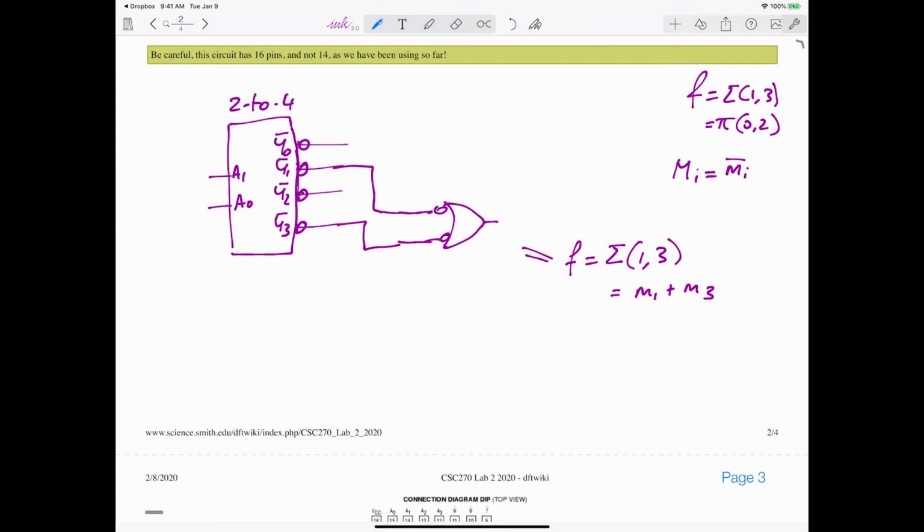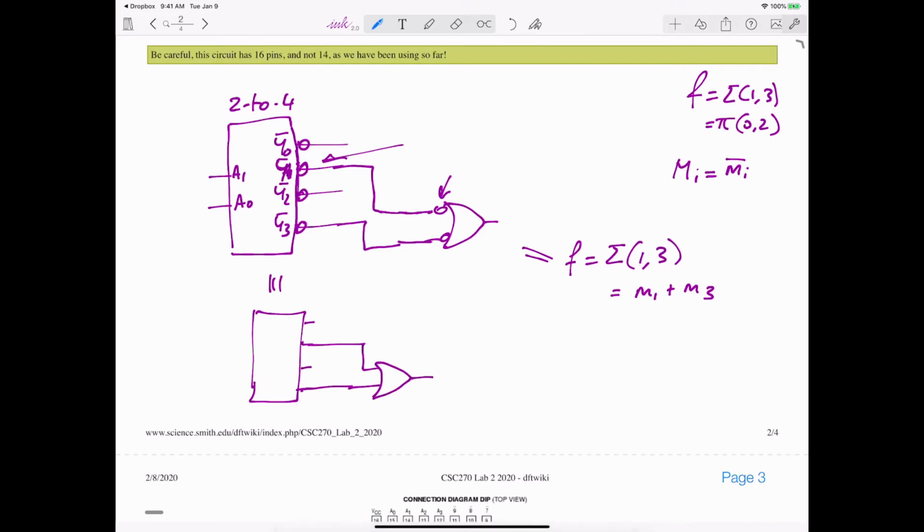You see that minterm 1 coming out here inverted is inverted again here, so these two inversions will cancel each other out. So that is equivalent to having something where I'm taking this, I'm taking that, and I'm putting it into an OR.